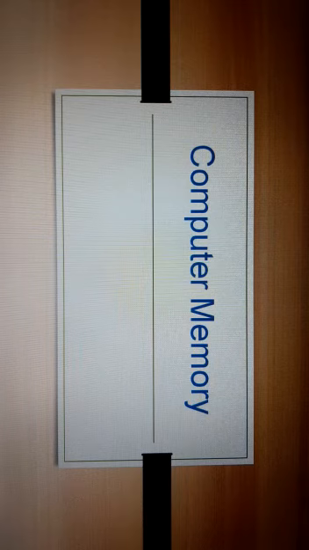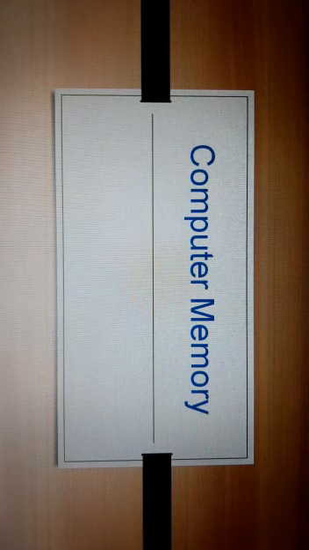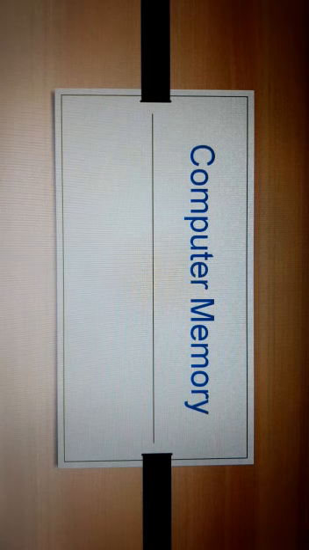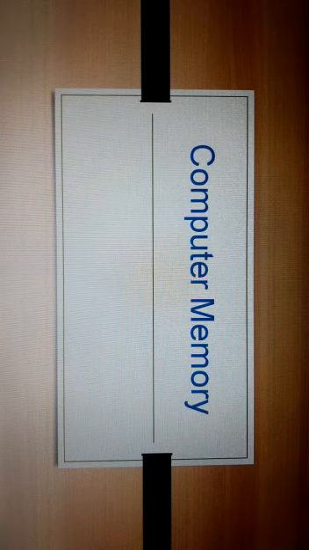But what happens in RAM? As soon as the computer is switched off, the contents of the primary memory, meaning RAM, are lost. That is why we need secondary memory or external memory, which is used to store our information permanently.